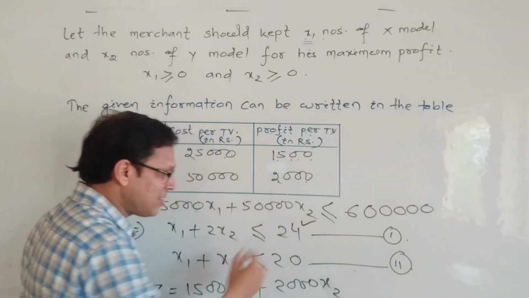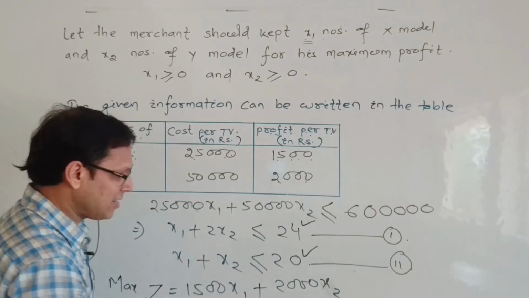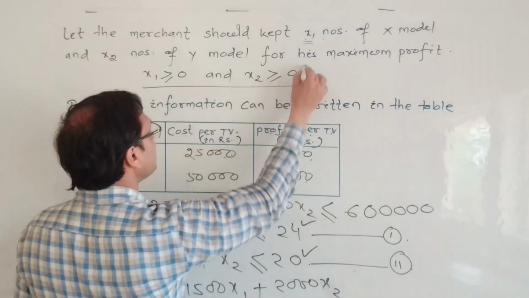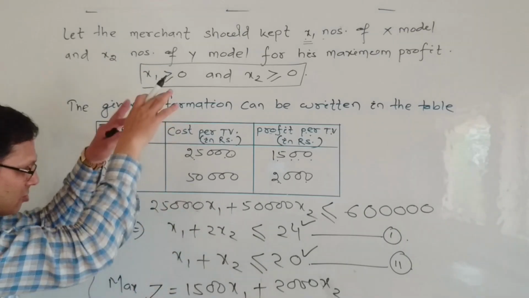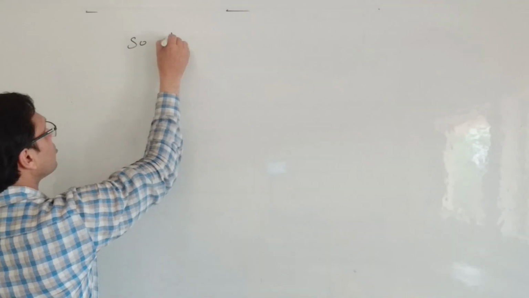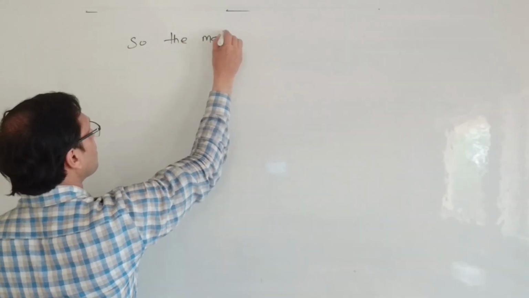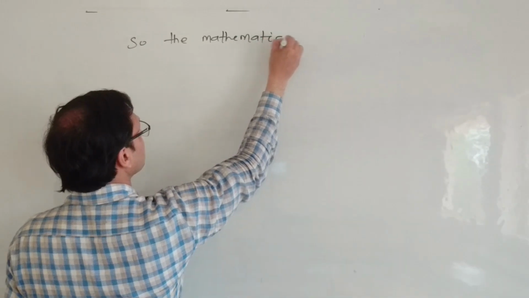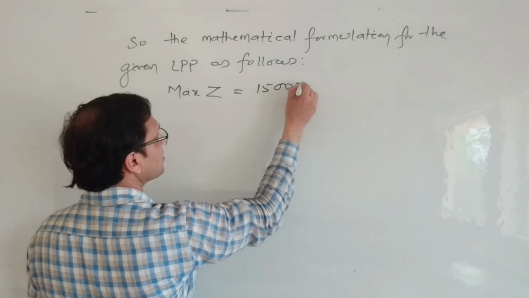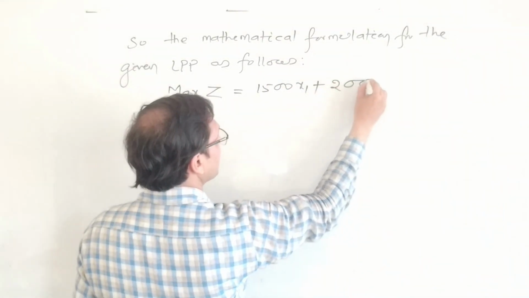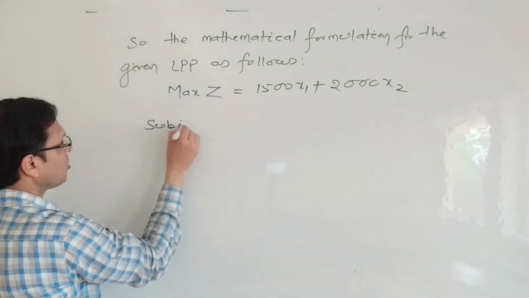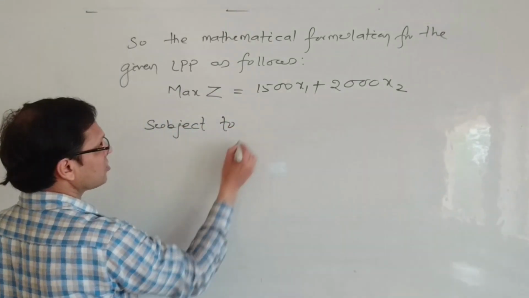So we have the LPP. This one is the first constraint, this one is the second constraint, and this is the objective function, and the non-negative restriction will be here. So this should be mentioned clearly at the bottom. Okay, you see, the mathematical formulation: maximum Z is equal to 1500 X1 plus 2000 X2, subject to the constraints.